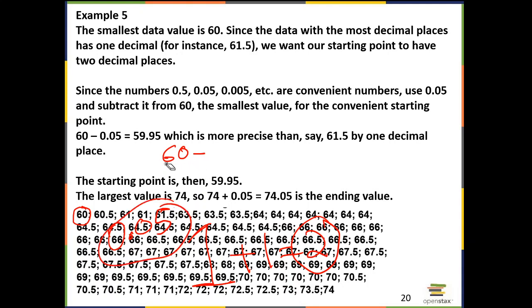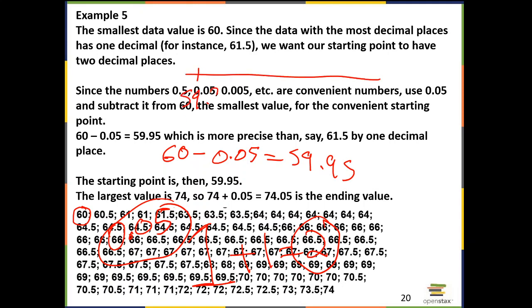We subtract that from 60, and we get 59.95. So our numbers for the histogram should start from 59.95.